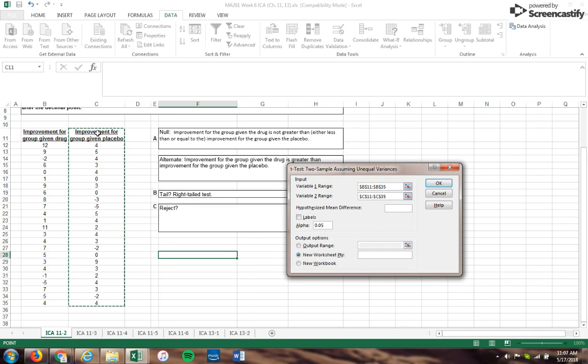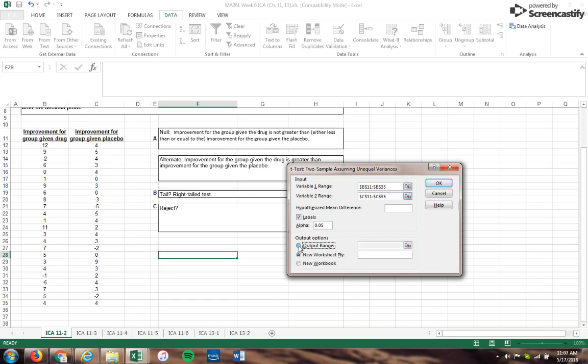Notice that as I highlighted these sections, I did include the labels of each column, so I need to make sure I check the labels checkbox, which I typically should do. For our alpha, or testing level, for this class we're always going to use 5%. The 5% significance level will be our decision-making point.